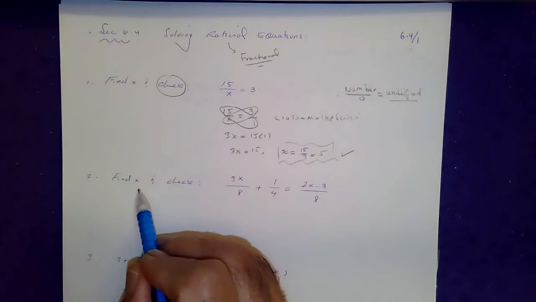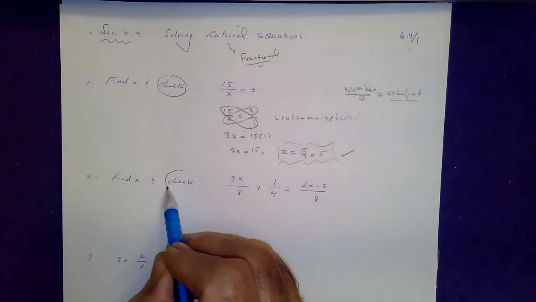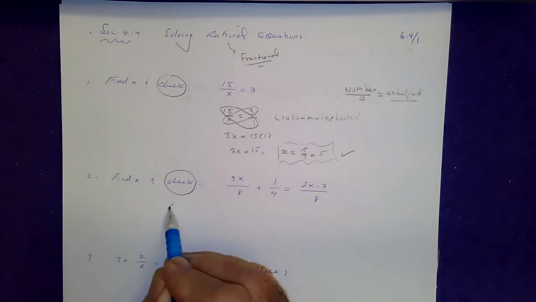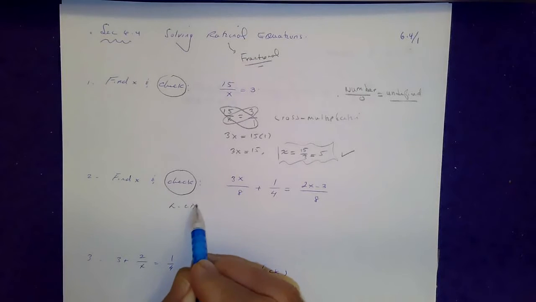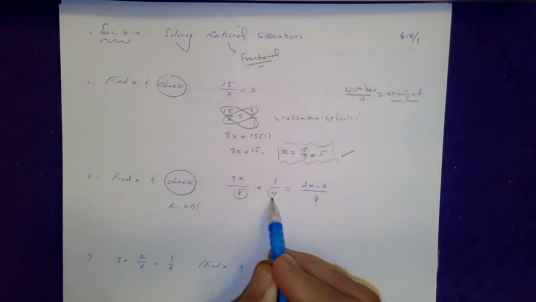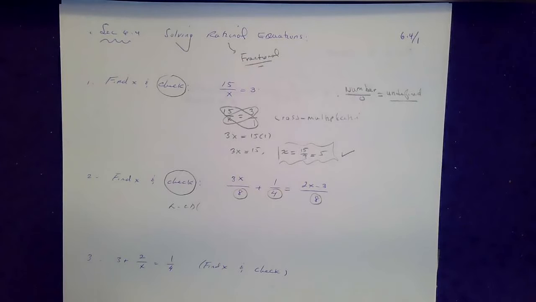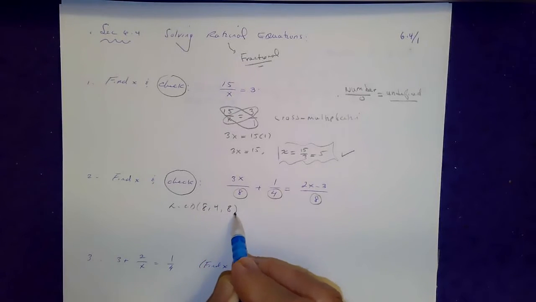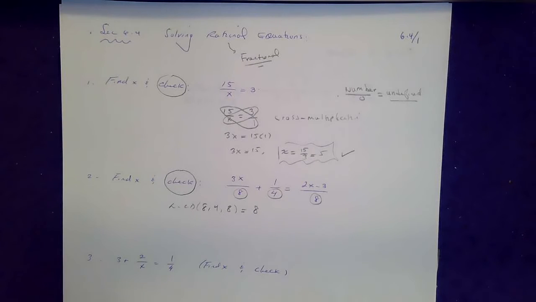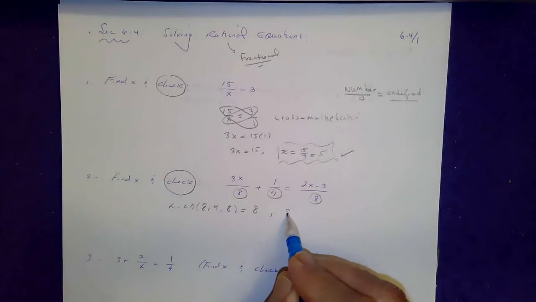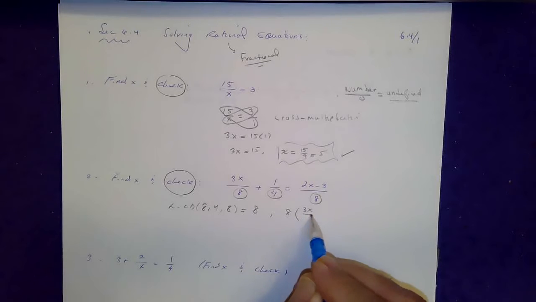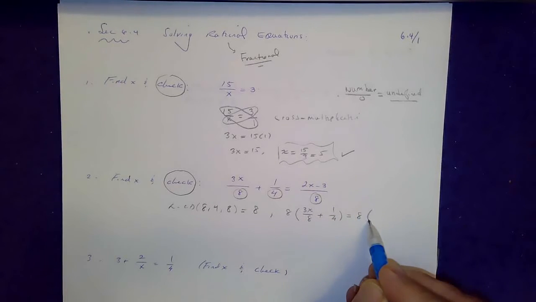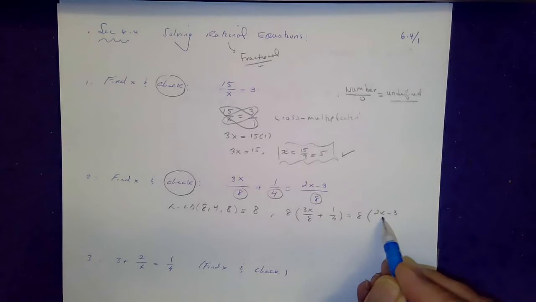In this problem, once again, the question is find x and check. First thing I do is find the lowest common denominator of these little fractions on both sides. In this case, what's the LCD of 8, 4, and 8? It's 8. Next step, multiply both sides of the equation by the lowest common denominator to what? Clean up the fractions.